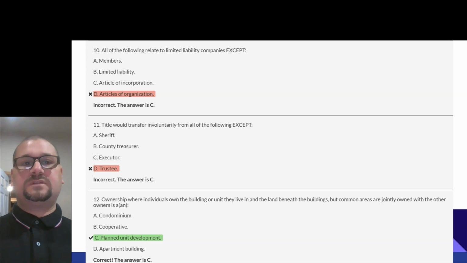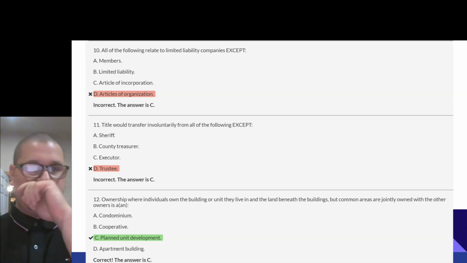Title would transfer involuntarily from all of the following except what? Executor. So title would transfer involuntarily in a sheriff. Yeah. So a sheriff, right? That's gonna transfer involuntarily.